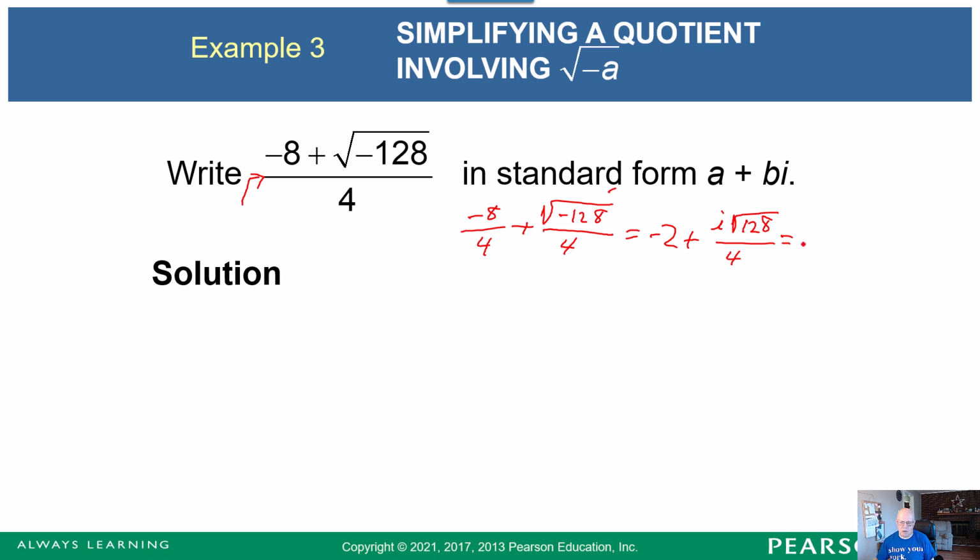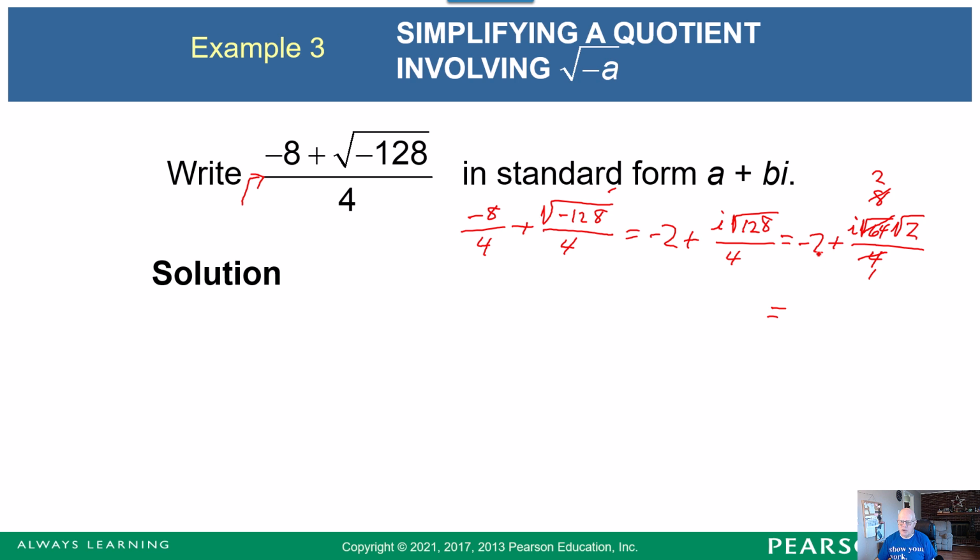Well, after a little bit of thought, perhaps you come up with i square root of 64 times the square root of 2 over 4. And let's take a shortcut here. What is the square root of 64? Well, that's really an 8. And we've got a 4 down here, so 4 into that is 1, 4 into that is 2.